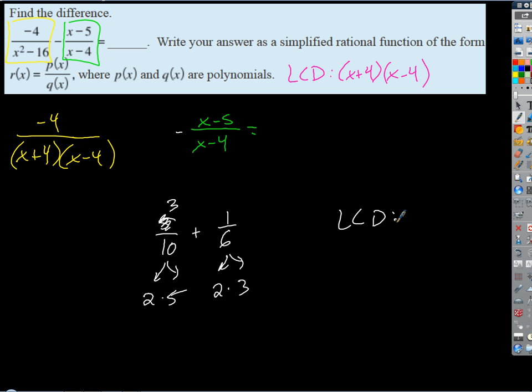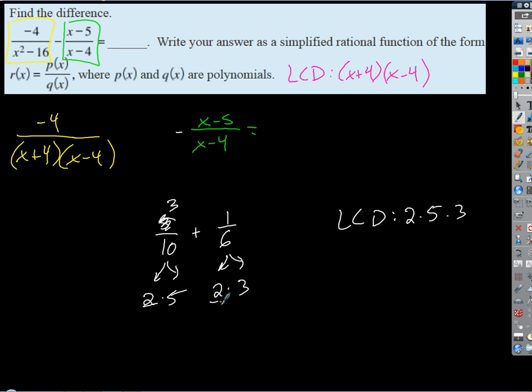So we want the smallest number that's going to include both the factors 2 and 5 and the factors 2 and 3. Well, what's that going to be? 2 times 5 times 3. We've got a common factor, so that only has to show up once, right?